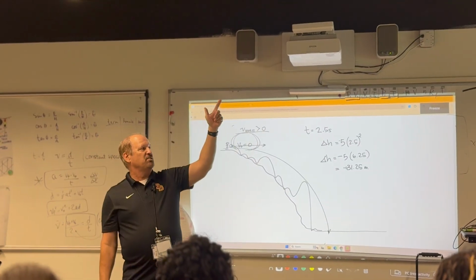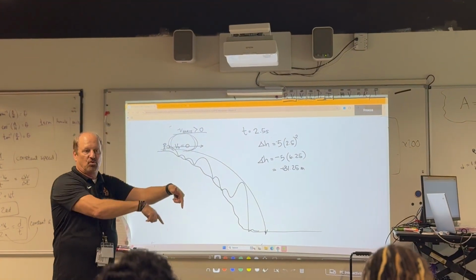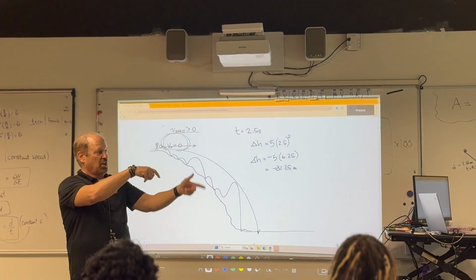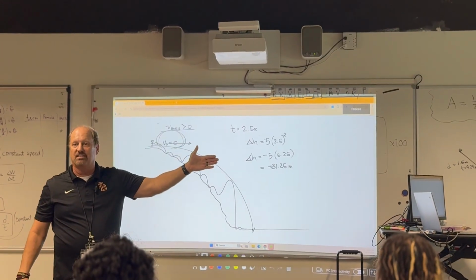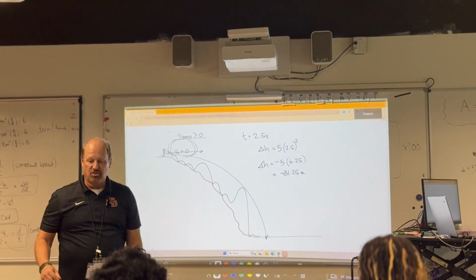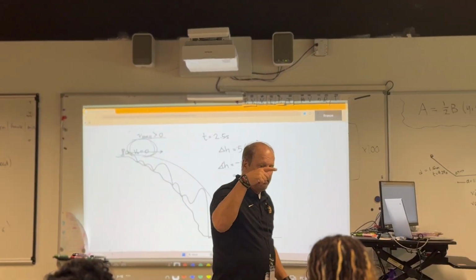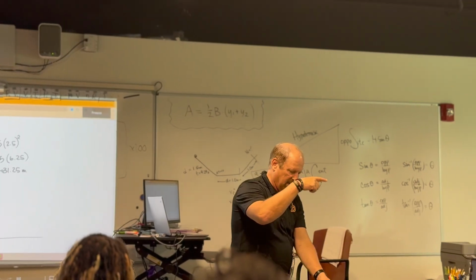Okay, so if I fire the gun up, no problem, the dropped bullet hits first. If I fire the gun down, the fired bullet hits first. There's some point in the middle where it's going to be the same. That's when the gun is being fired exactly horizontally. Same. That's to say the bullet going along is being affected by gravity here, and here, and here, and here.